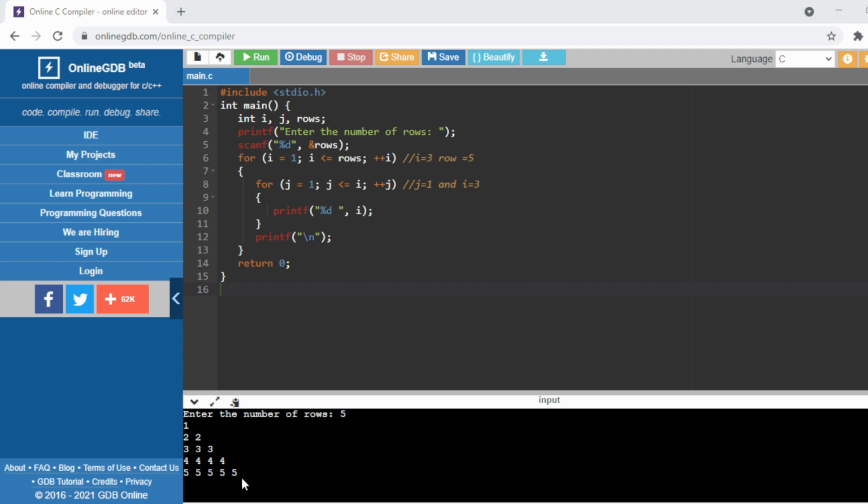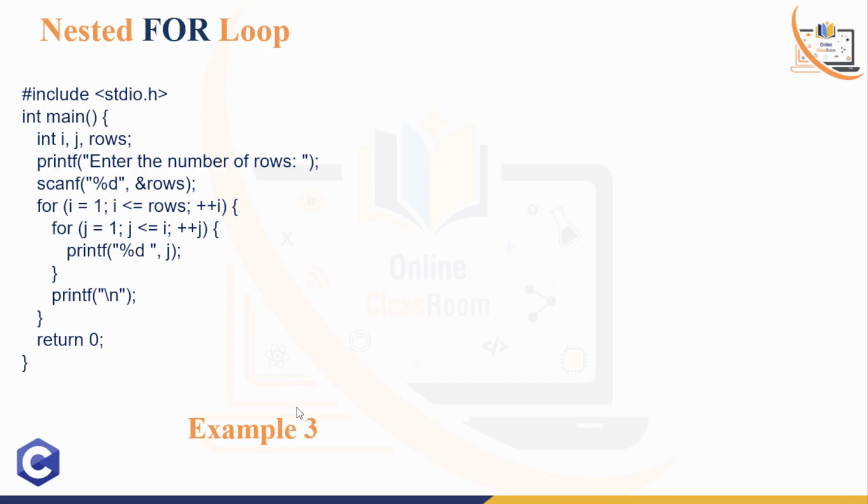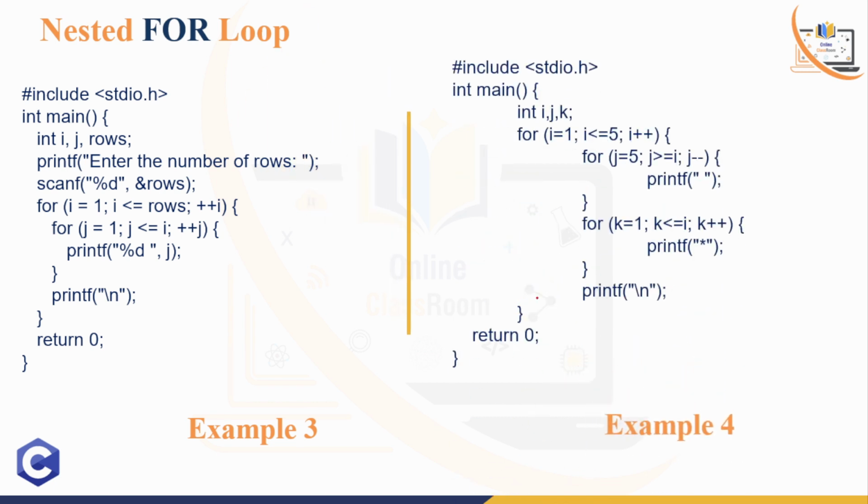Now there is another example. In some cases a space concept is also there. Suppose in some patterns, at first we have to print some spaces, and I also told you that there is no limitation on the inner loop.